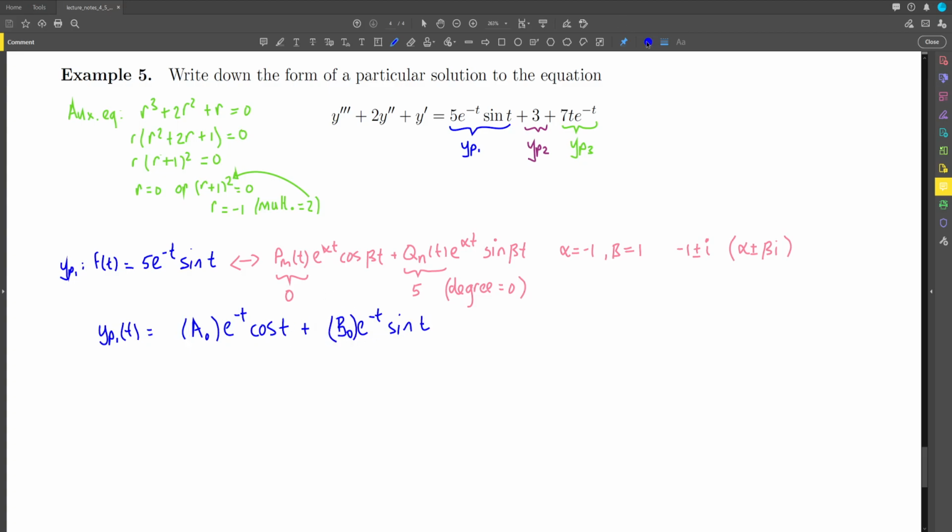And then we have to multiply that by a power of t, and that's t to the power 0. And so that is just going to be 1 when we simplify it.